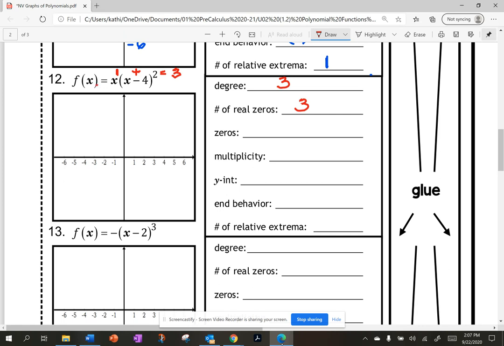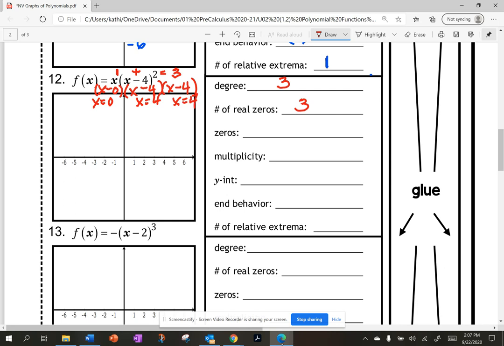So another way of writing this is x minus 0 times x minus 4 and x minus 4, right? So I can see I have a 0 at x equals 0 and x equals 4 and x equals 4.